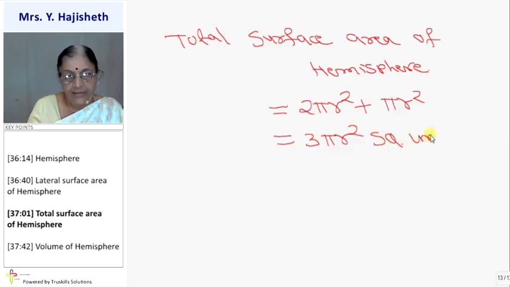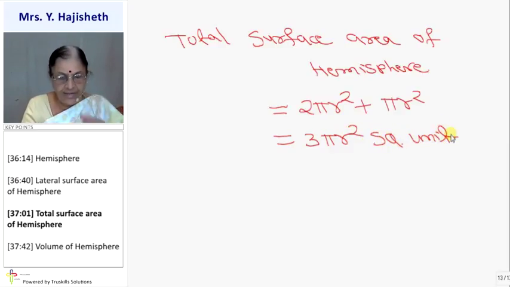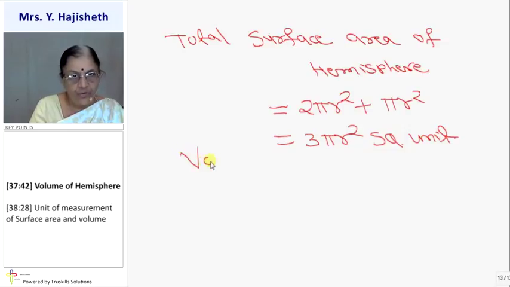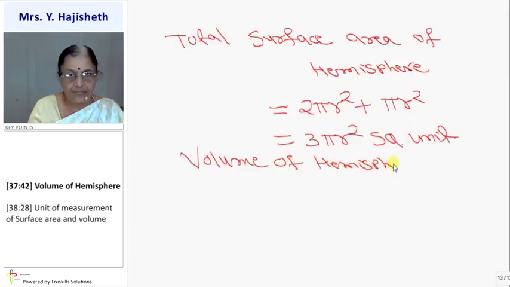Okay, sphere में lateral surface area and total surface area are same, but in hemisphere total surface area and lateral surface area are not same. And volume of hemisphere is half the volume of sphere, 2 by 3 pi r cube, cubic unit.